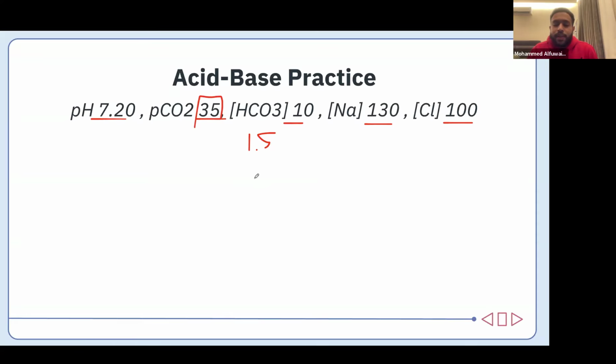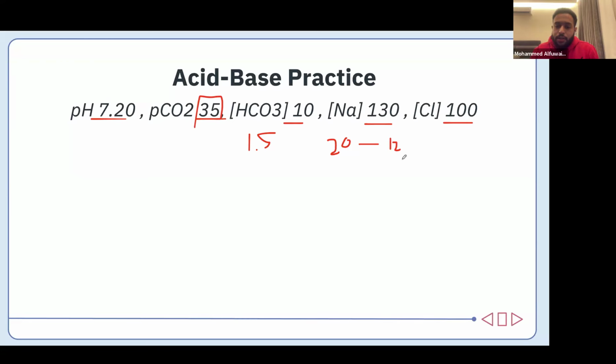Now, as I said, if you have established high anion gap metabolic acidosis, what do you want to do next? Delta. The delta is the patient's anion gap minus the normal. The patient's anion gap is 20, so you subtract 12.